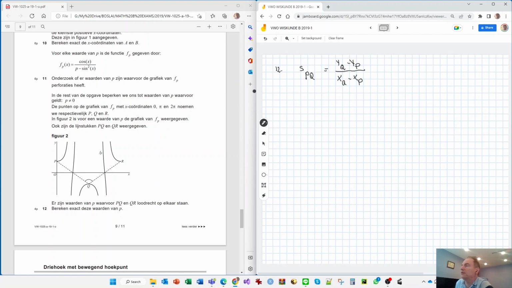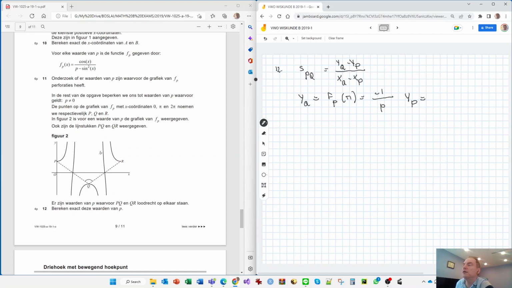Well, what is yQ? That is the function f_p at pi. The cosine of pi is -1. The sine of pi is 0, so that's that.